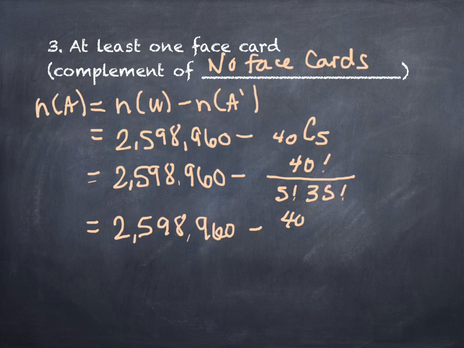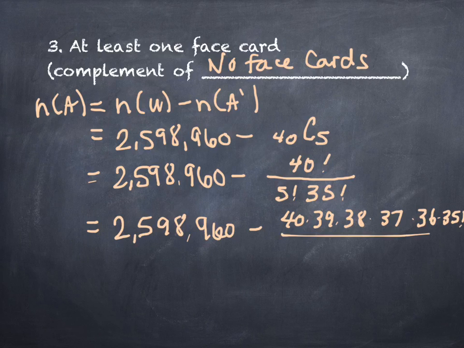All right, 40, 39, 38, 37, 36, and 35 factorial. Over 5, 4, 3, 2, and 1.